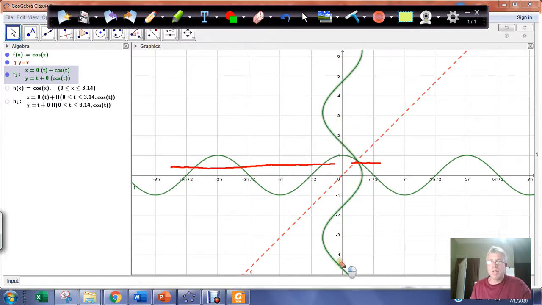So the conclusion is that the cosine function does not have an inverse function.